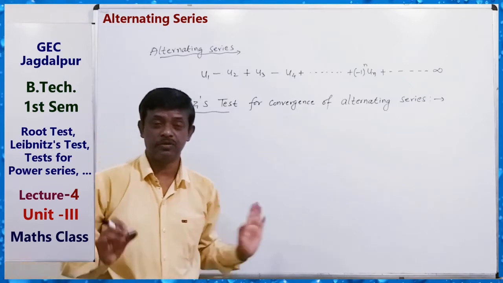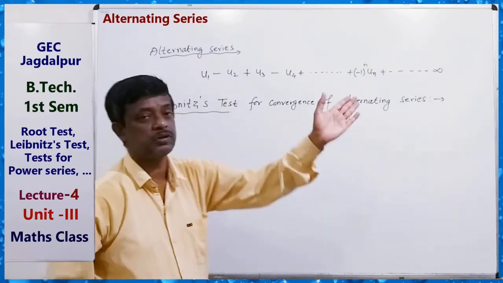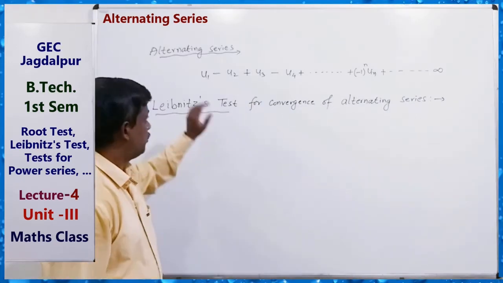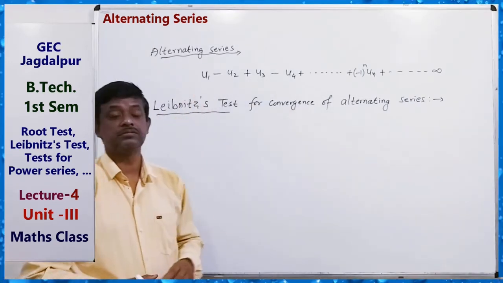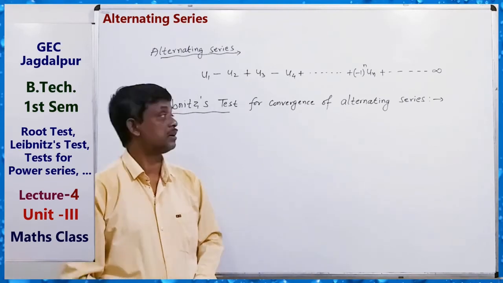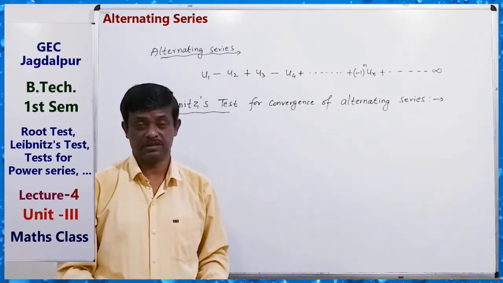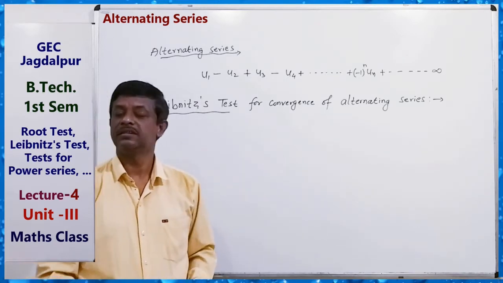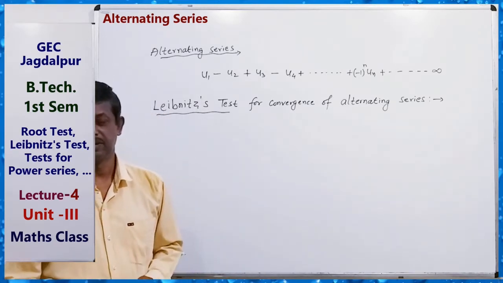Alternating series means we know that signs will alternately be positive and negative. Now, for this alternating series, how can we determine whether it is convergent or divergent? The Leibniz test is available.